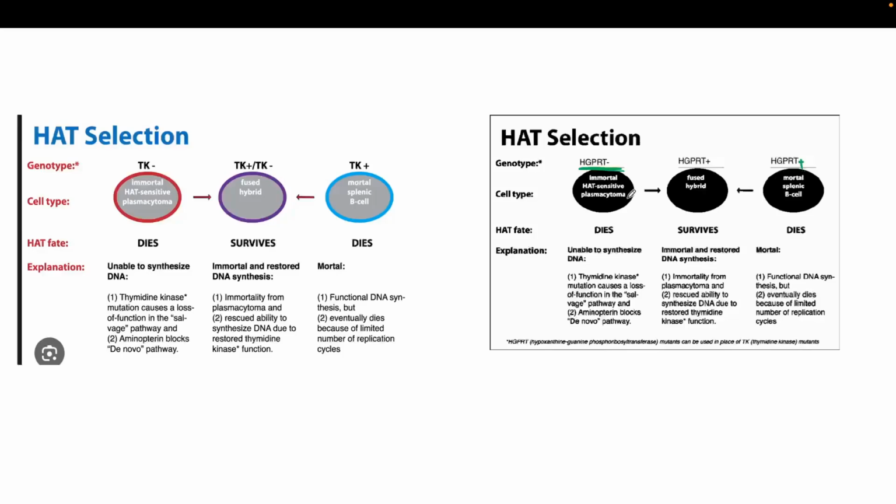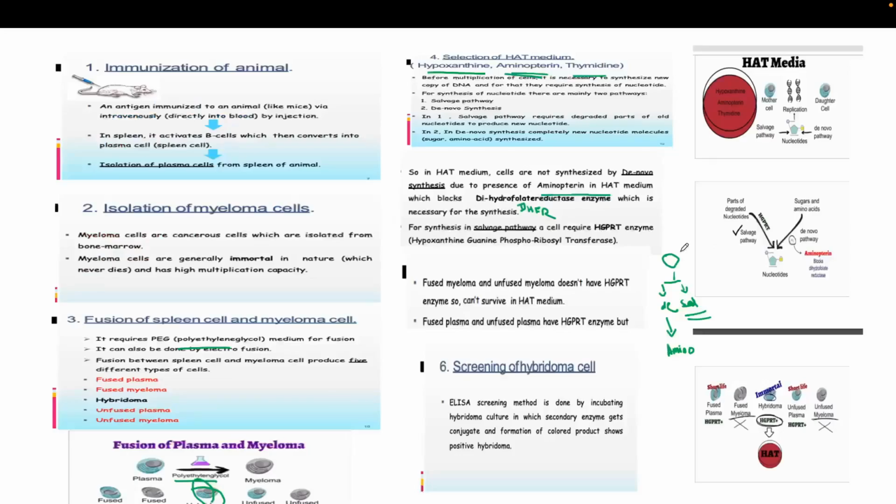So what will happen? The de novo synthesis is already blocked because of aminopterin. Because of the absence of HGPRT, the myeloma cell will not survive in the HAT medium, since it cannot perform the salvage pathway either, because HGPRT is responsible for salvage synthesis.